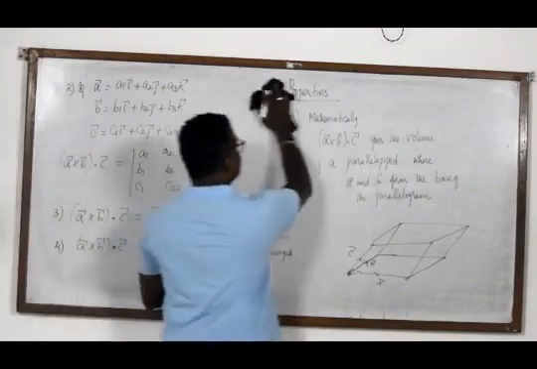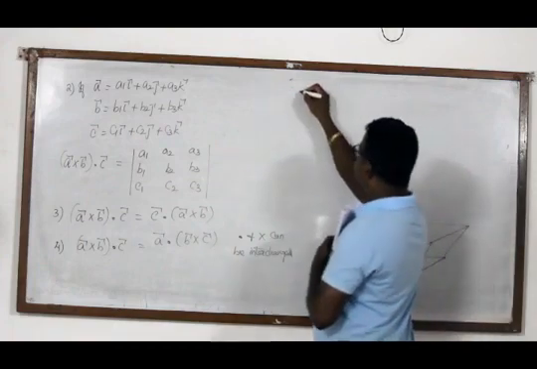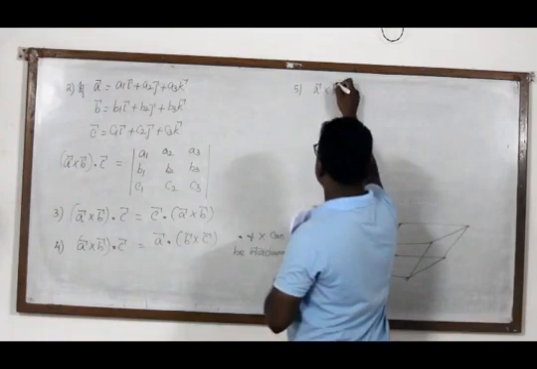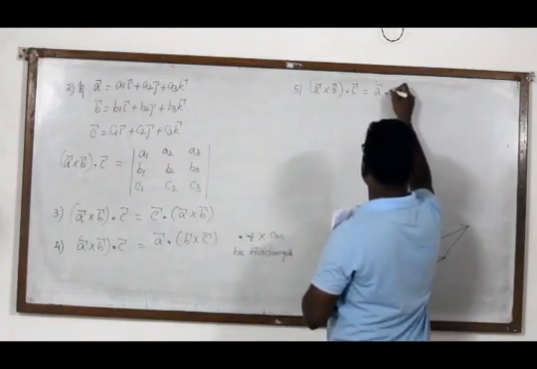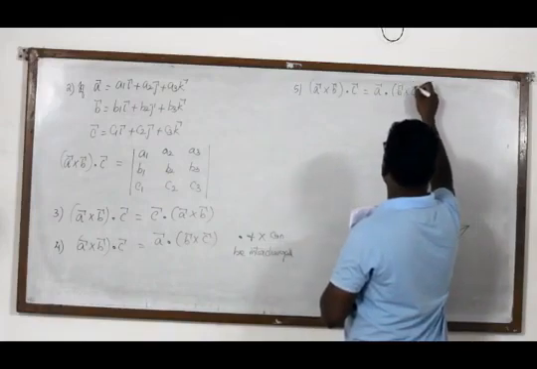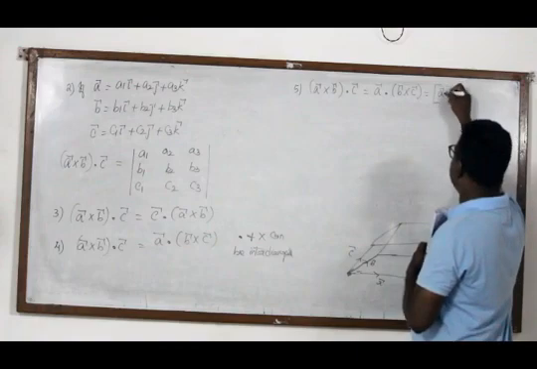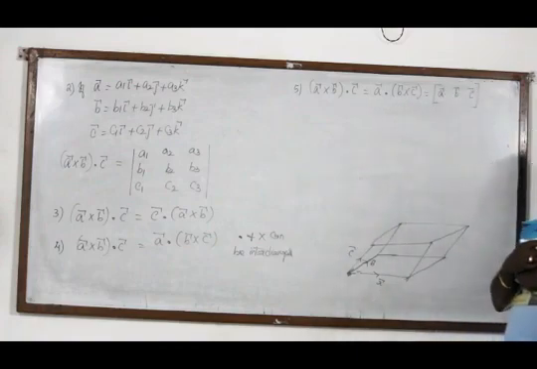Since dot and cross are interchangeable, I can simply write the fifth property as A cross B dot C as A dot B cross C, and hence in a nutshell I can write this one as [A, B, C], and this is known as box product.